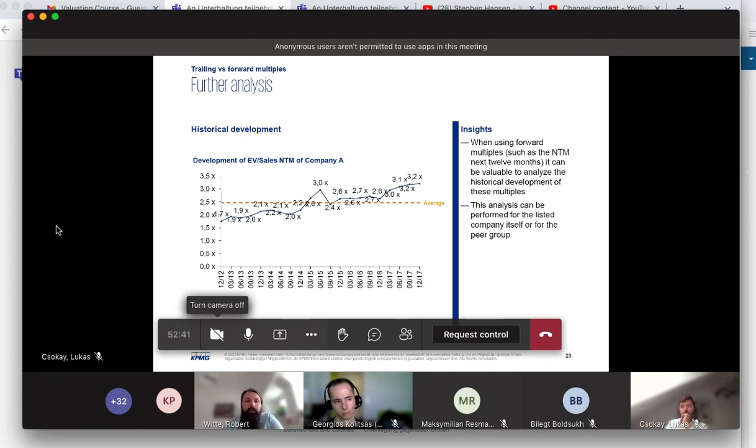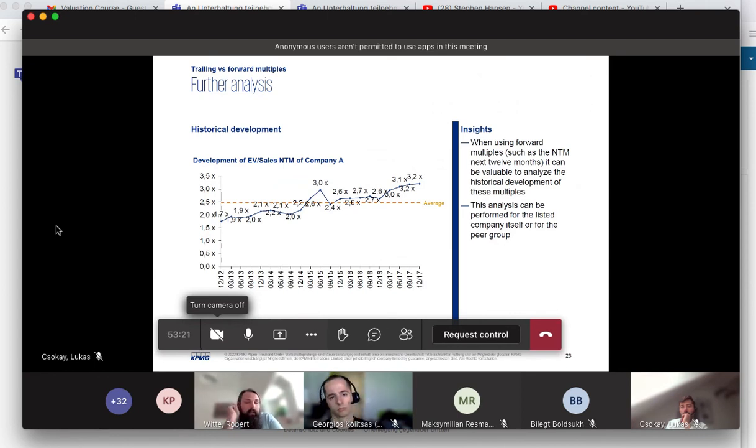So for example, take December 2021, you calculate your EV sales for Twitter, taking the current market cap. We calculated that on a quarterly basis, and then you go back and back in history, and you look at the then current enterprise value and the then current forecast for sales, right?